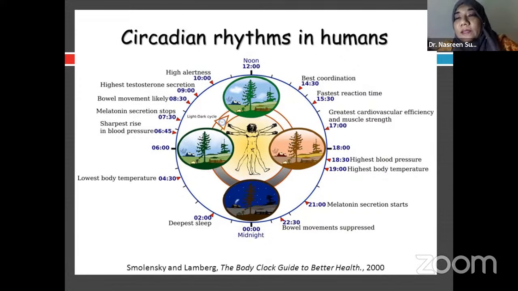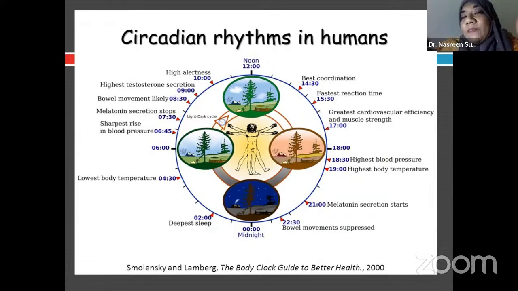At 7:30 in the morning melatonin secretion will stop, and bowel movement will likely start at 8:30. At 9 o'clock there will be highest testosterone secretion, and at 10 o'clock high alertness will be there, and this rhythm will be followed. If you follow a normal healthy lifestyle, then this circadian rhythm is the same.